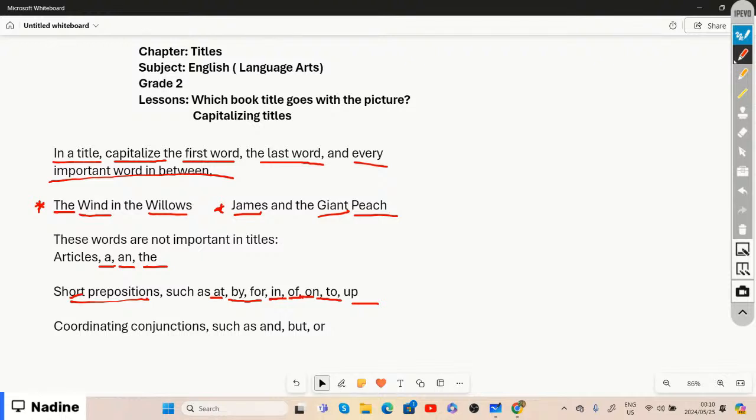And then also we have coordinating conjunctions, right? And coordinating conjunctions are and, but, or.